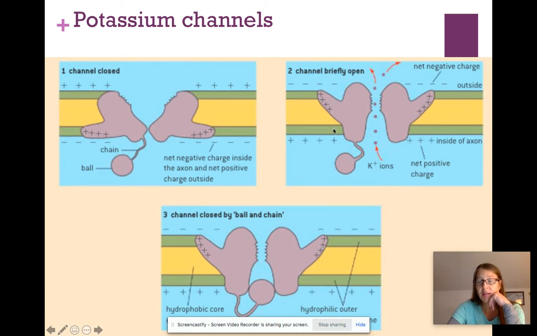So these positive amino acids are now attracted to the outside, which then opens up that potassium channel. This is facilitated diffusion because these are ions moving through the membrane along their concentration gradient through passive transport, but they have to go through a protein, which makes it facilitated diffusion.